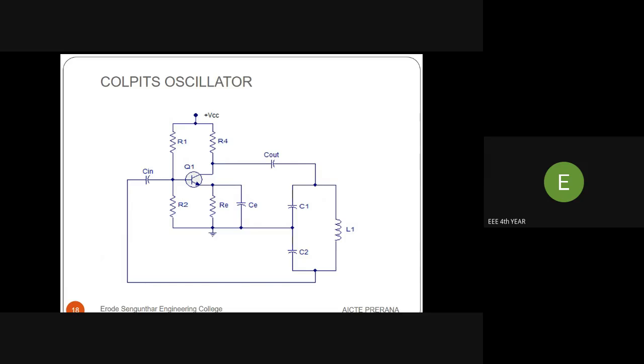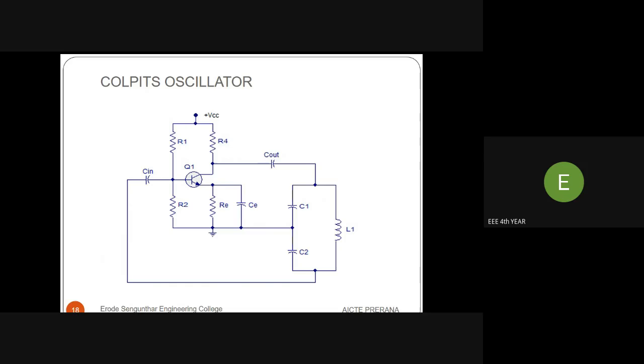In the feedback circuit, the upper terminal is denoted 1, the lower terminal is denoted 2, and the center terminal is denoted 3. The center terminal is connected to ground potential. So at any time, the upper terminal 1 is positive with respect to 3 and the lower terminal 2 is negative with respect to 3, so the phase shift between feedback terminals 1 and 2 is 180 degrees. When we switch on the supply, the capacitor is charged.